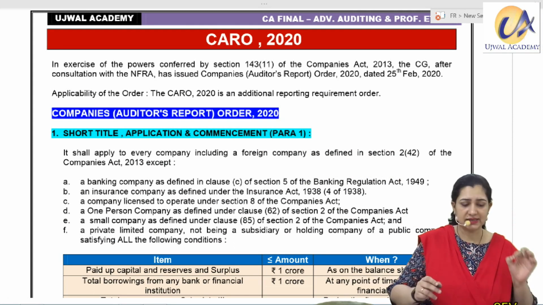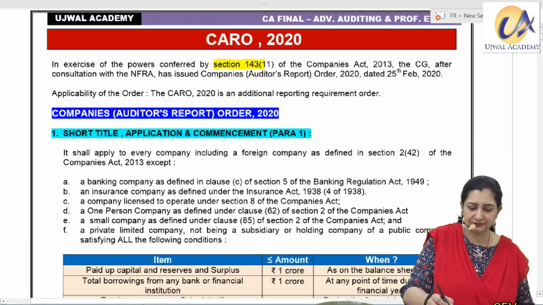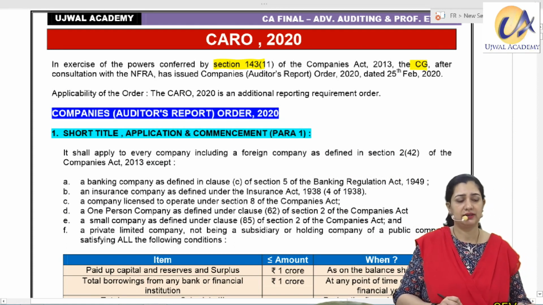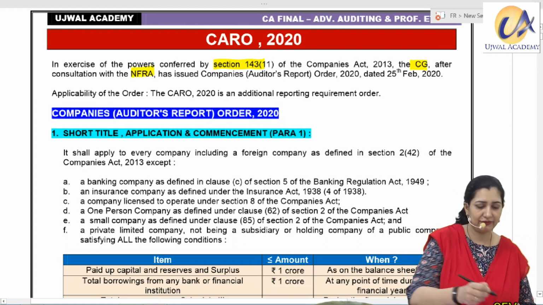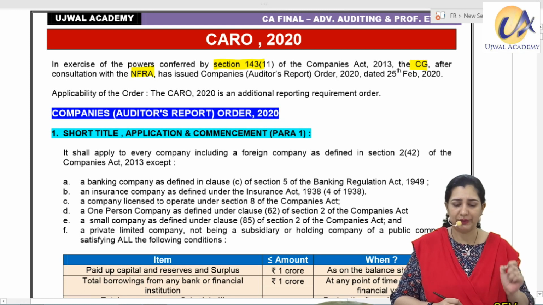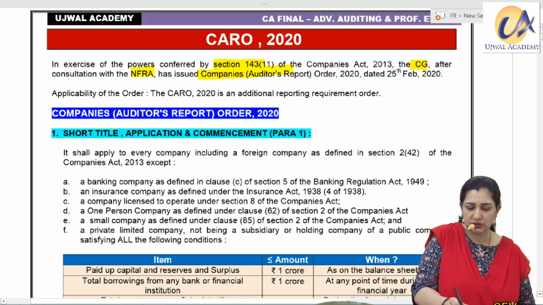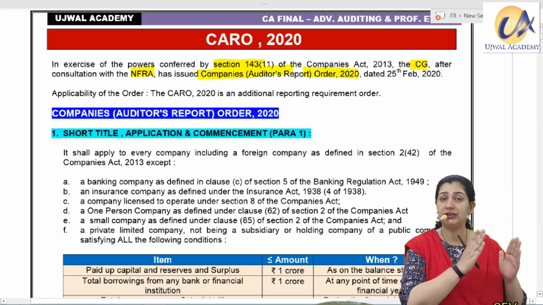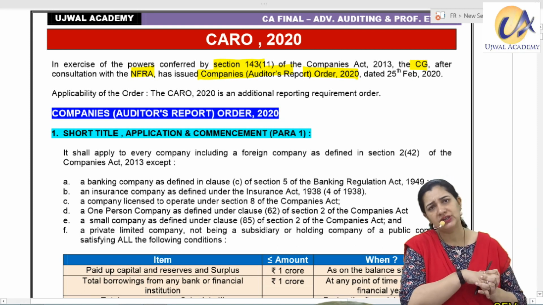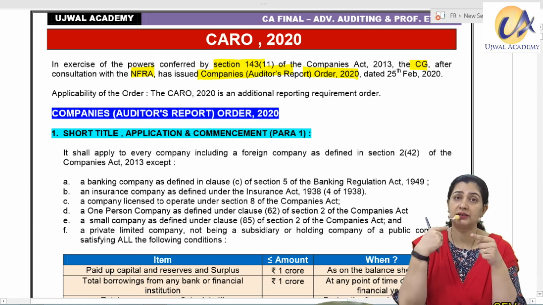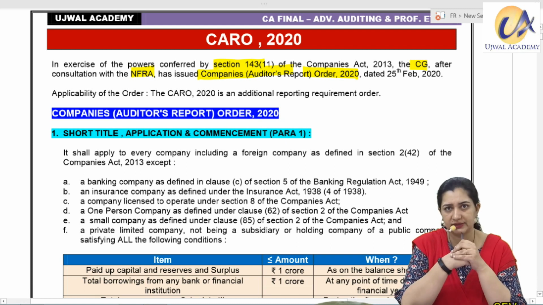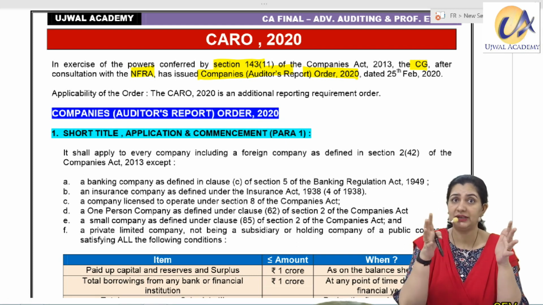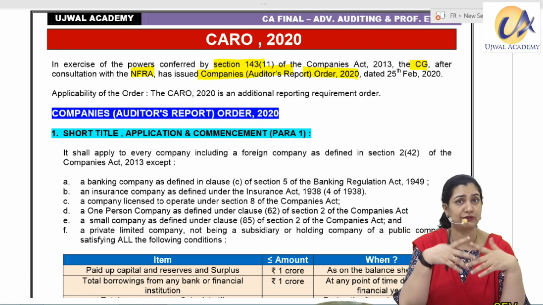So as we discussed, under section 143(11), the central government in consultation with NFRA has issued CARO 2020. And when was this issued? It was issued on 25th February 2020. Originally, it was made applicable from the year 2021 onwards. But we all know 2021 was a disaster because of COVID.